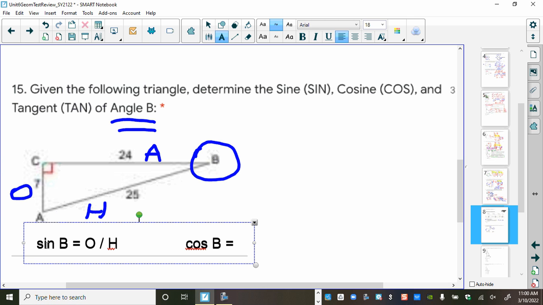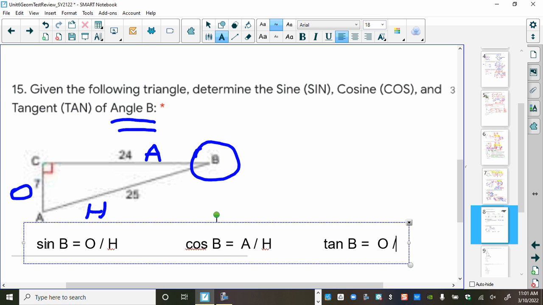Chart is right above you. What letter? Adjacent, for the A, yup. And then the tangent of B equals opposite over adjacent.